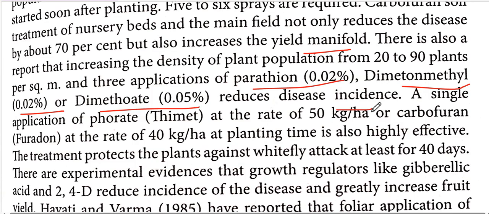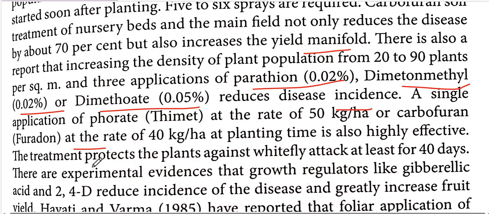A single application of phorate (Thimet) at the rate of 50 kg per hectare or carbofuran (Furadan) at the rate of 40 kg per hectare at planting time is also highly effective.